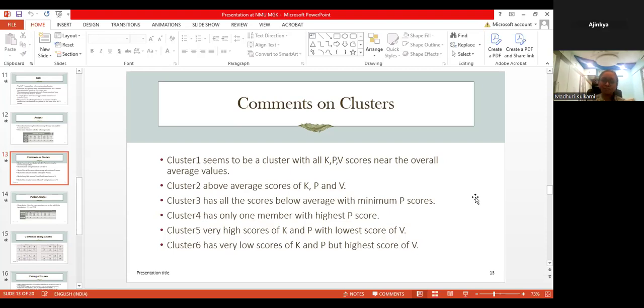Actually I belong to the management discipline, ma'am. There we validate it through these scores, and the adequate number of clusters is also validated through an index which tells you the elbow. Yes, I am aware of the elbow or scree plot. But see, here the number of clusters is not a question.